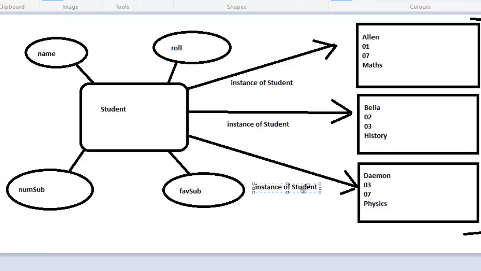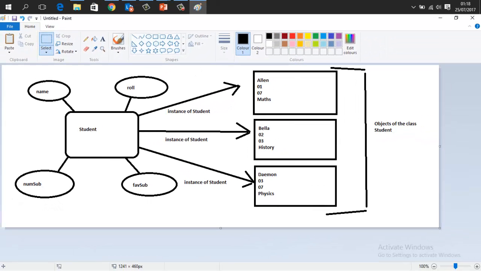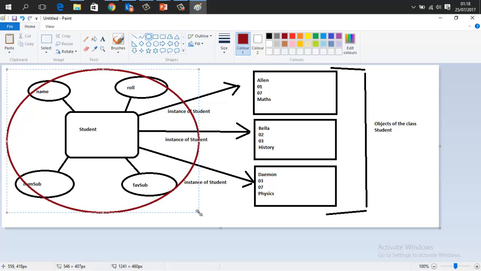Okay, so I believe this architecture is clear, right? So let me explain it once more. Here we have a class student with the member variables name, roll number, number of subjects, and the favorite subject.